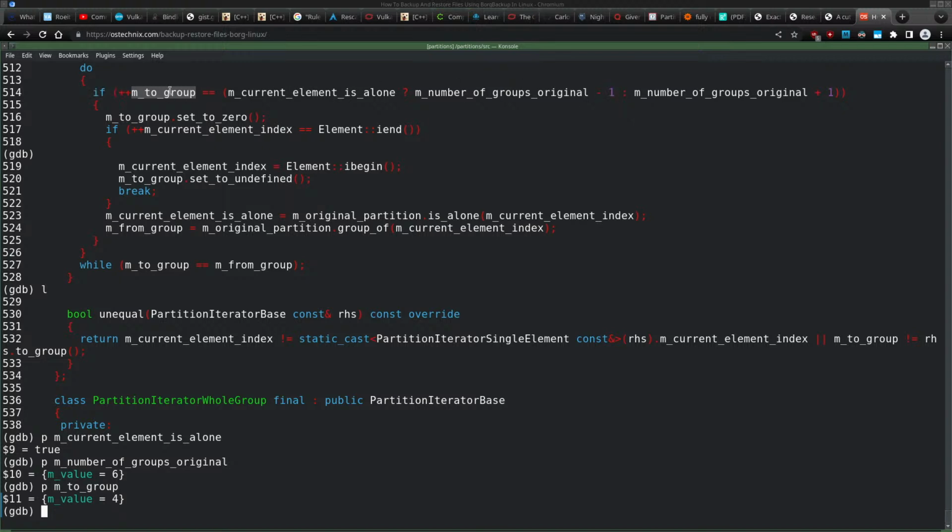Therefore we have reached the end of the number of groups. And do I understand this? What is the current? This value is simply already that thing. Yeah, okay, end up with this.